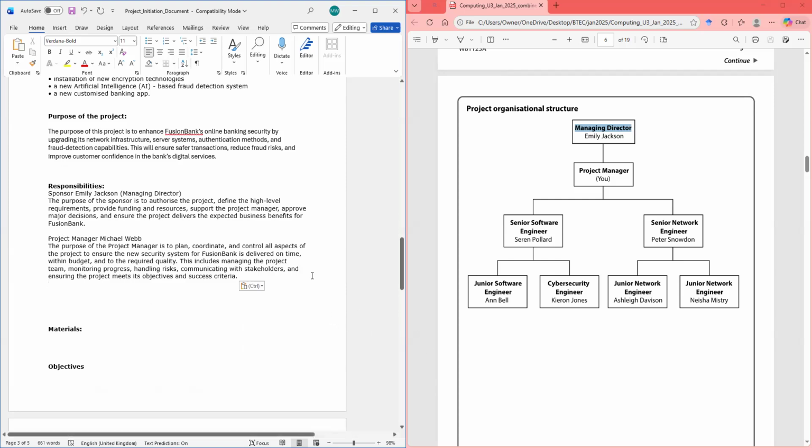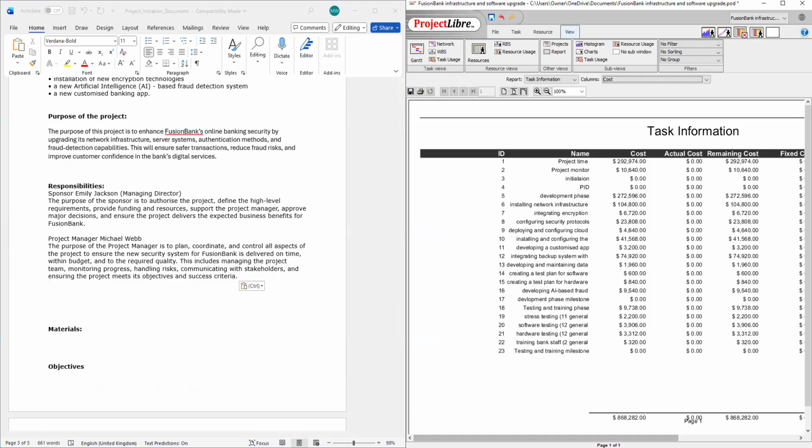All right. So now let us look at Serene Pollard, who is the software engineer. Now, this is where your Gantt chart comes into play. All right. You can do one of two things.